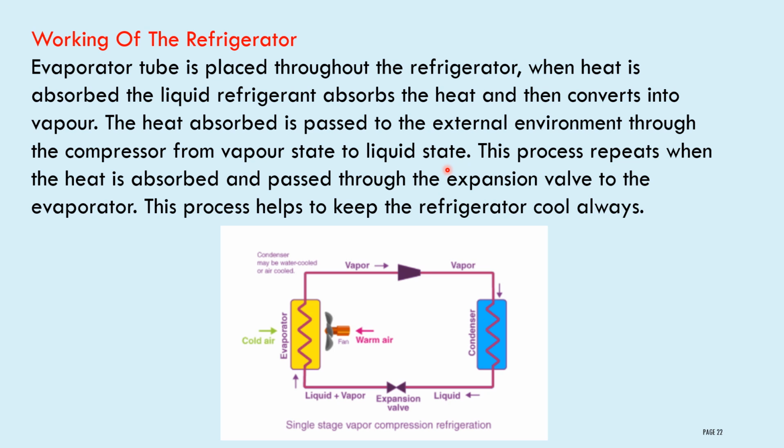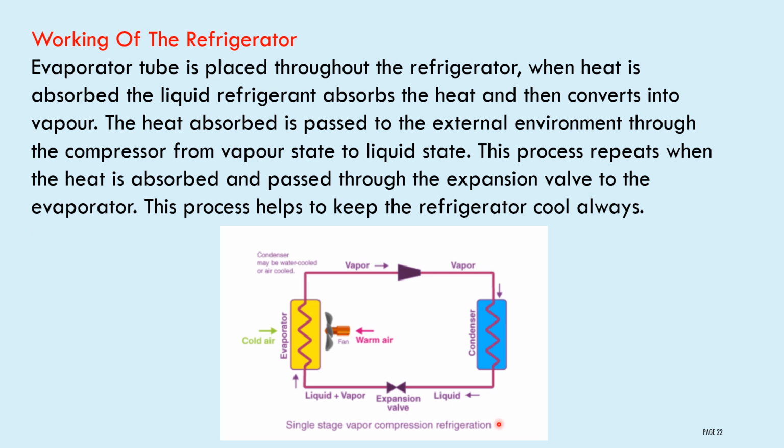Then the vapor state, when it comes in contact with the external environment with the help of the compressor, again converts from vapor state to liquid state. Then this process repeats when heat is absorbed and passed through an expansion valve to the evaporator.